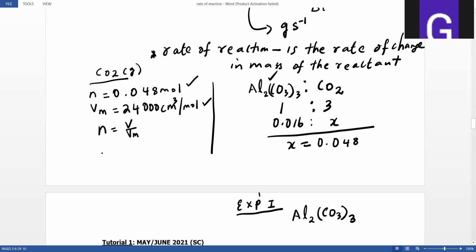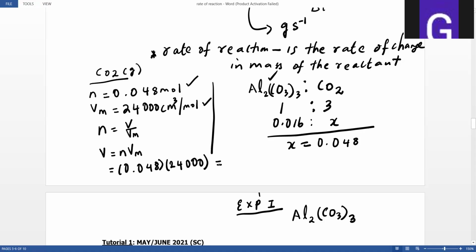Right, number of mole, we know it's 0.048. We can just say volume is the number of mole times the molar gas volume. Let's do the substitution. The number of mole is 0.048. And what is the molar gas volume? The molar gas volume is 24,000. We just want to leave the answer in centimeter cubic.